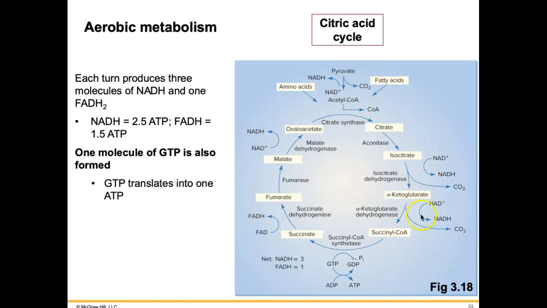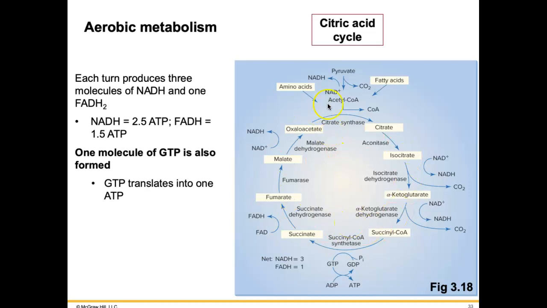So within those turns, you can see from this illustration that we are going to have NADH as a result, and each NADH molecule is going to later yield 2.5 ATP, whereas our FADH is going to yield 1.5 ATP. What this means is FADH is not as energy rich as NADH.